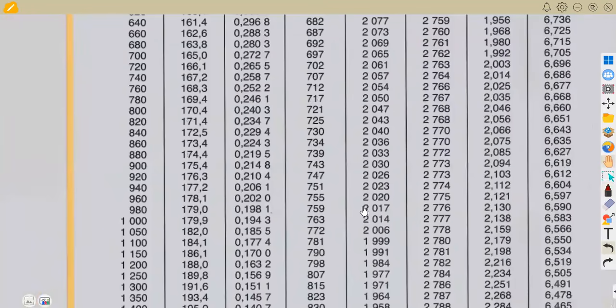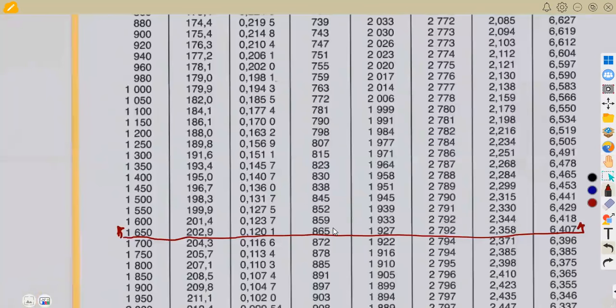So we have 865 for hf and 1,927 for hfg.